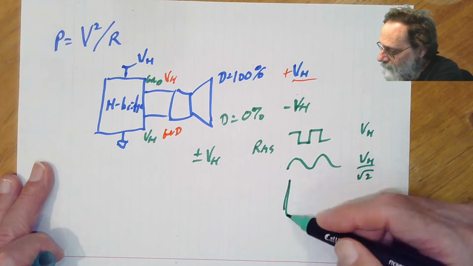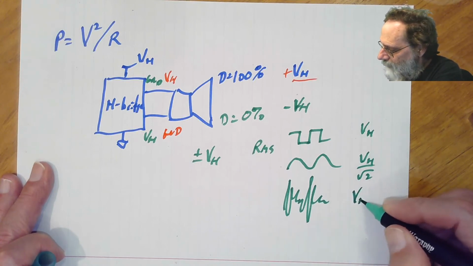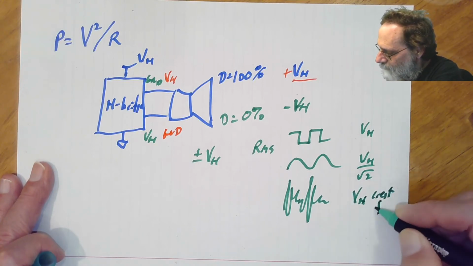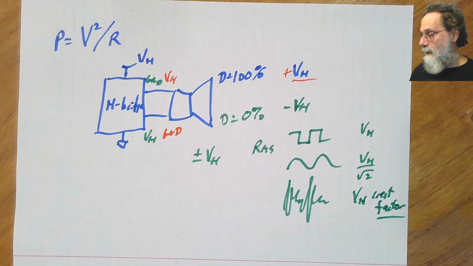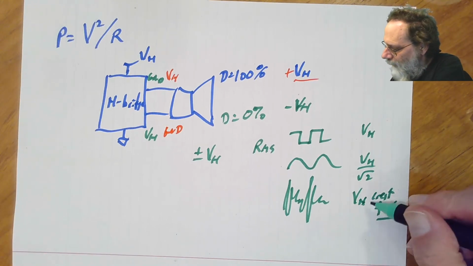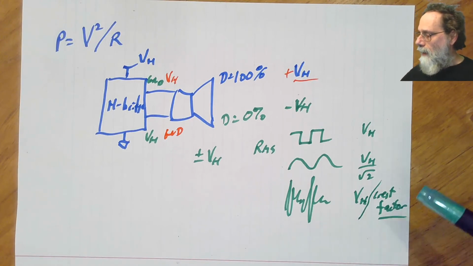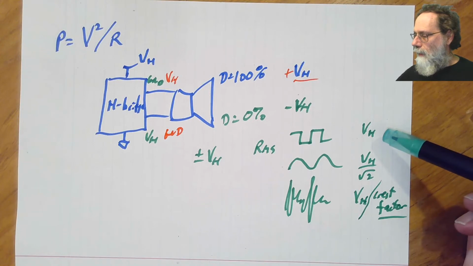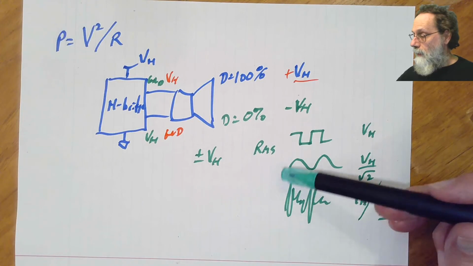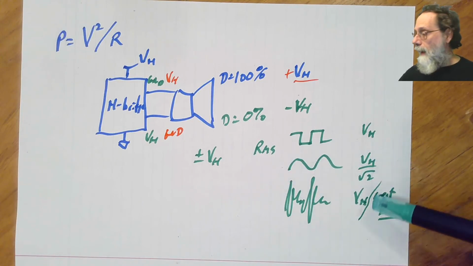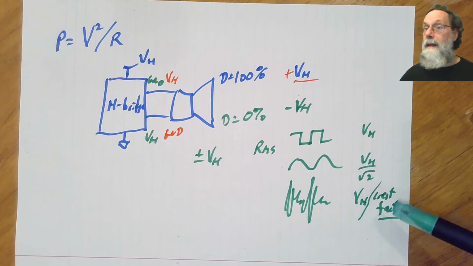And if we've got some music signal, we're going to have VH divided by something called the crest factor. The crest factor is usually given by the peak divided by the RMS. So the crest factor for a square wave is 1, for a sine wave is square root 2, and for a percussive sound it can be very large, 10 even.